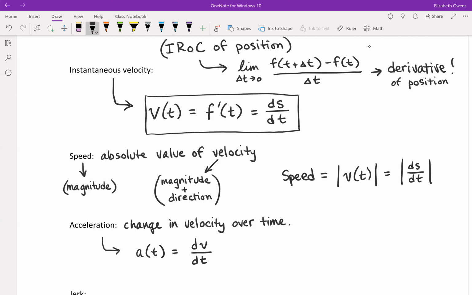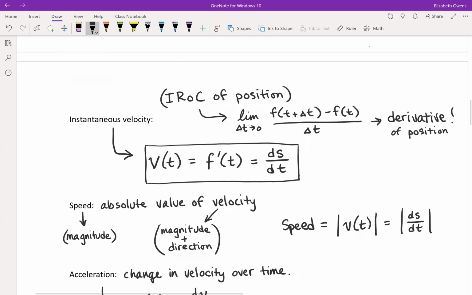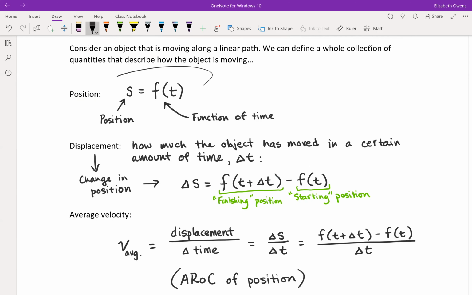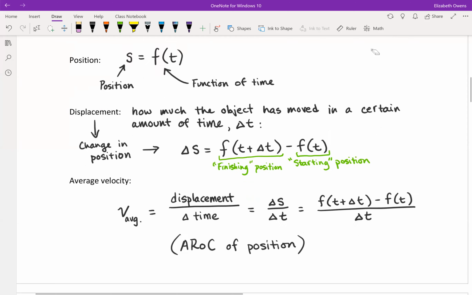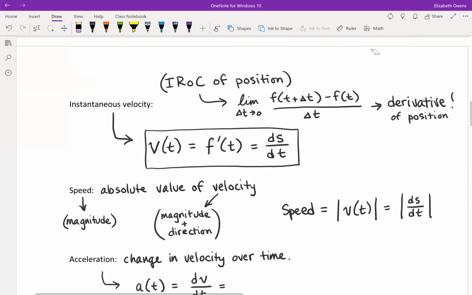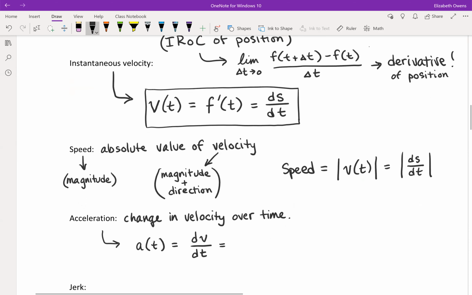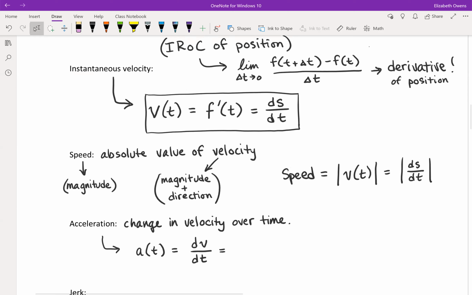Now, if we wanted to write that in terms of our original position function, going back to that, position s was a function of t, and then velocity was the first derivative of that position function. Acceleration is going to be the second derivative of that position function.